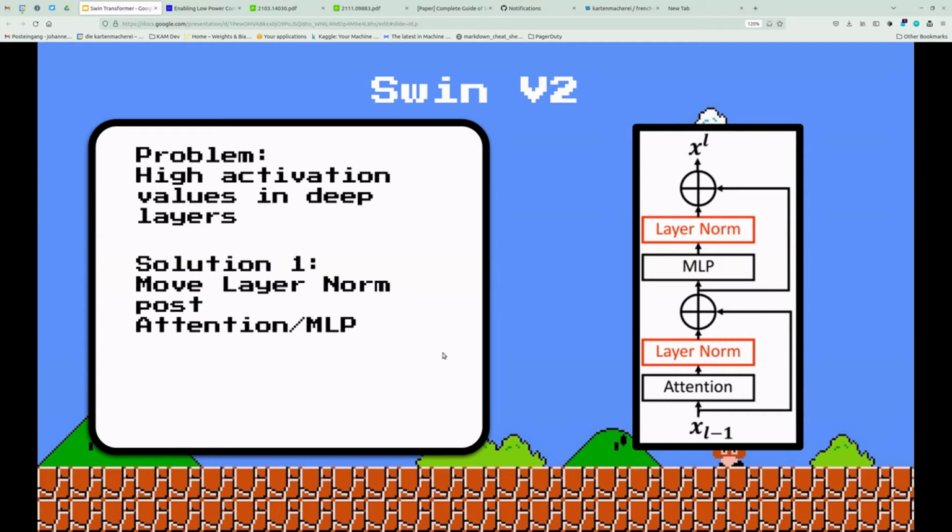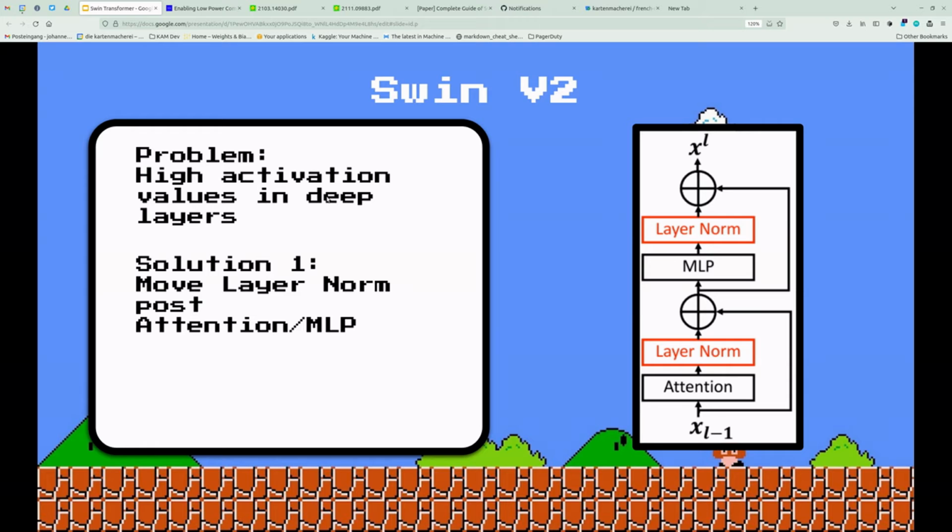So what was the problem they were trying to tackle with moving the layer norm? They said, in our experiments we saw that especially when we have bigger images, the activation values in deeper layers get really, really big.